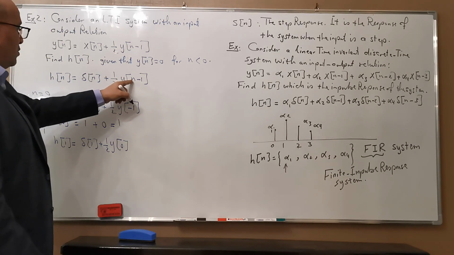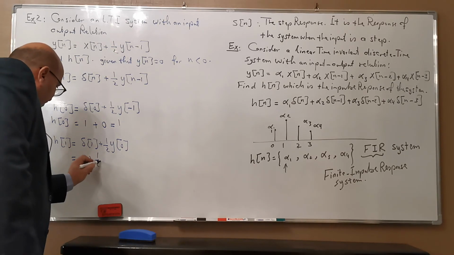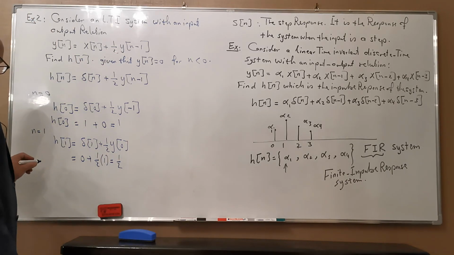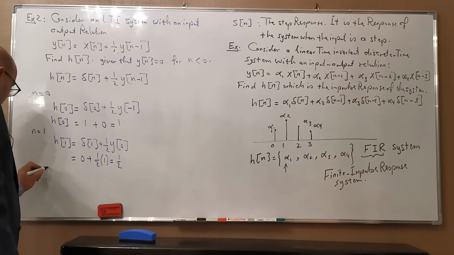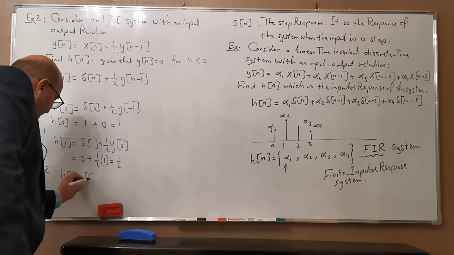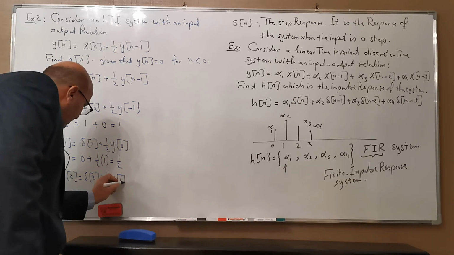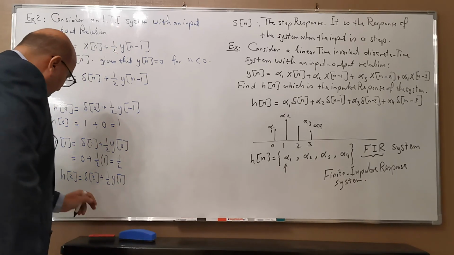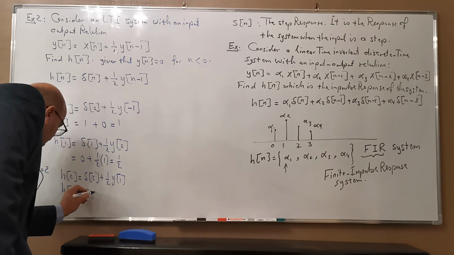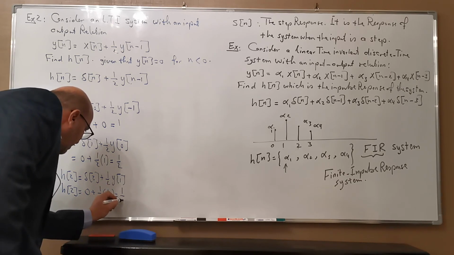So this is equal to 0 plus 1/2 times 1, which is equal to 1/2. For n equals 2, you have h of 2 equals delta of 2 plus 1/2 y of 1. This is equal to 0 plus 1/2 times 1/2, and this is equal to 1/4.